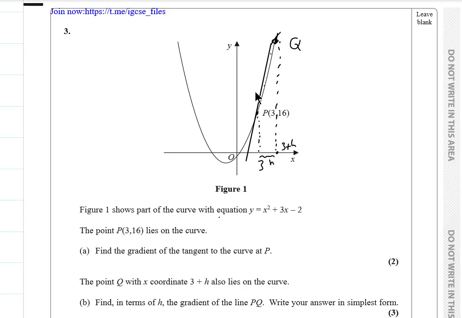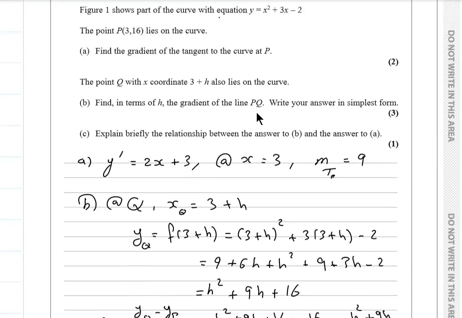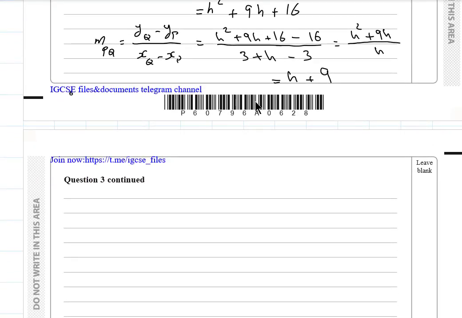Again, as Q approaches P, this line will not cut the curve at 2 points, but it will be a tangent at P because Q will coincide with P. So we can write, as Q approaches P. This symbol mathematically means that Q will be on P.